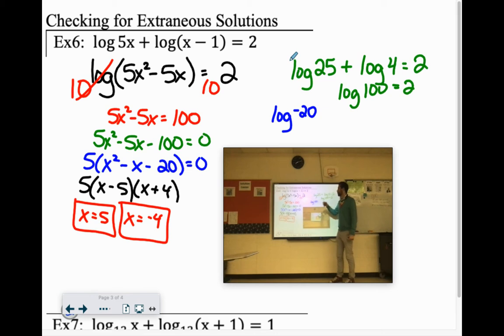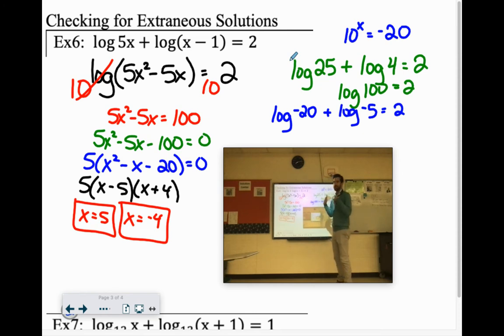Now, when we bring in -4, 5 times -4 is -20. And here's already the problem. But I'll write the rest, and negative 4 minus 1 is negative 5. So if you do multiply these, negative 20 times negative 5 is positive 100. But you can't simplify these because 10 to the something power can never come out to equal negative 20, right?